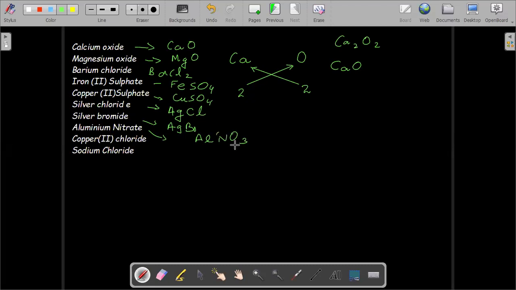So it will be Al(NO3) all thrice. See, this 3 is for all the nitrate, as nitrate overall has the valency of minus 1. So 3 nitrate molecules are required.